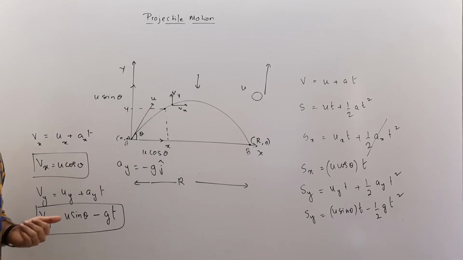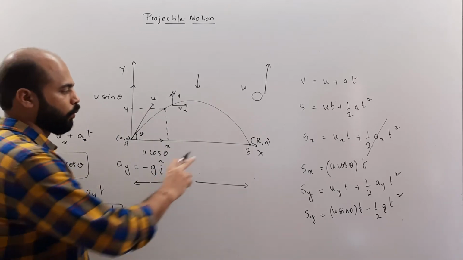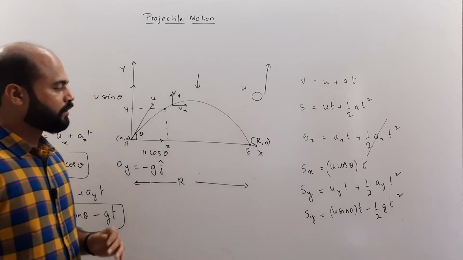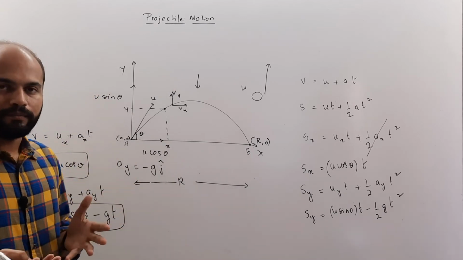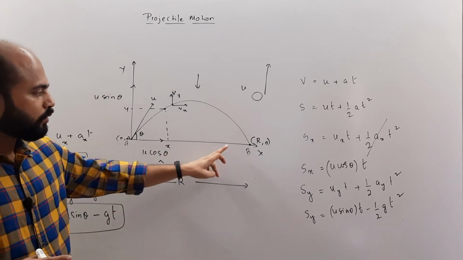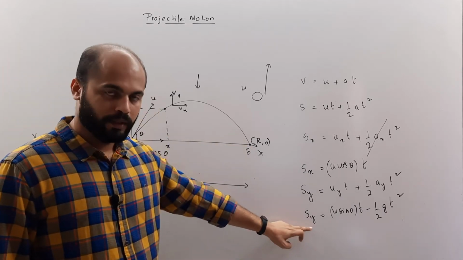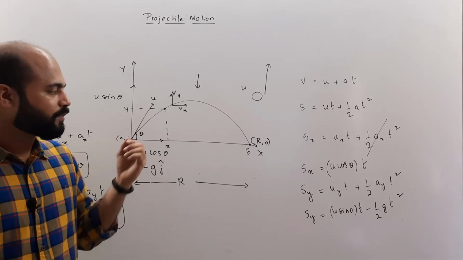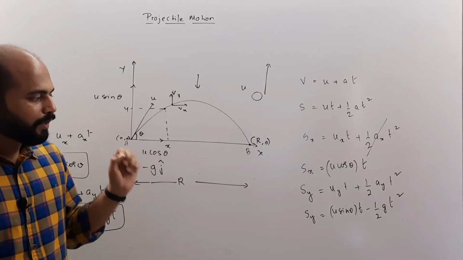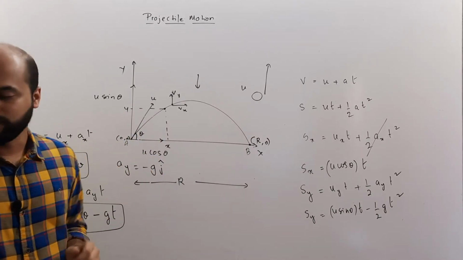So as a result of it, I can write one thing over here. Now if I want to find the time at which y becomes 0 again over here, I am going to write 0 here, because displacement in y has become 0 now. So let's apply that and let's find what time we get.